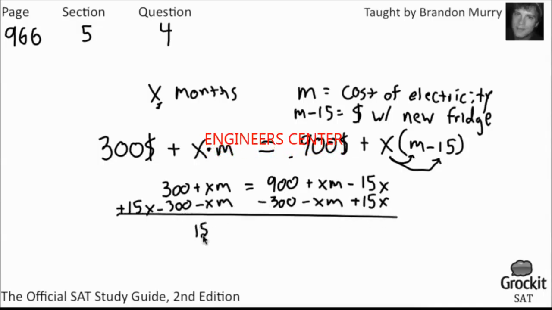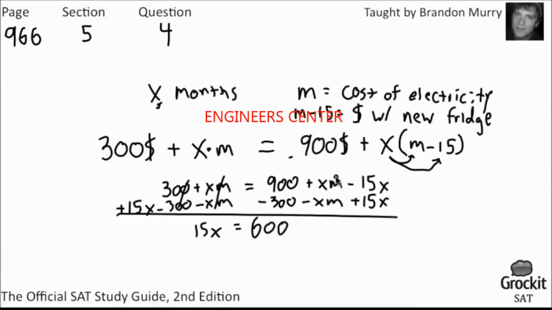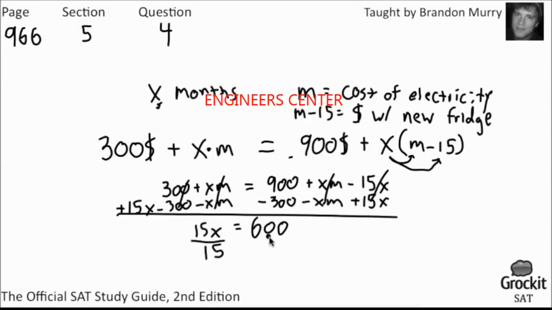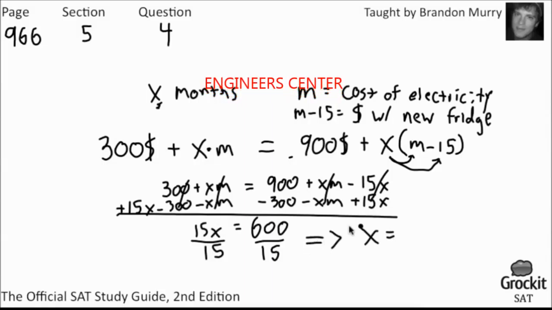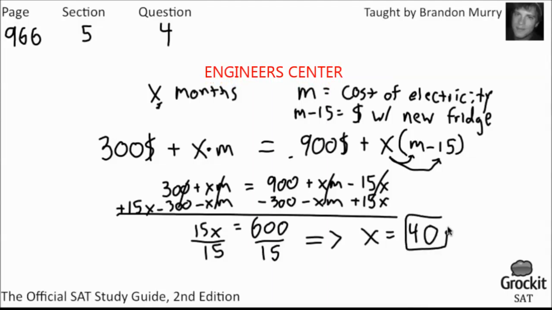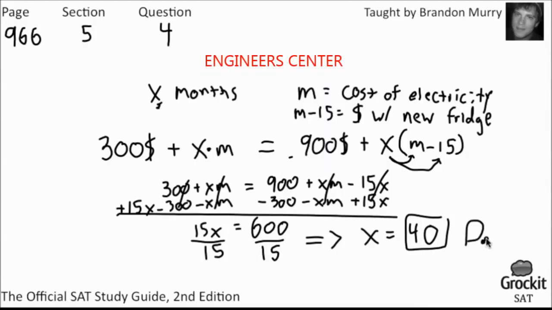We'll have 15x on this side, 300s equals 0, xm's equals 0, 900 minus 300 is 600, xm's equals 0, so we get 15x equals 600. Now if we divide both sides of this equation by 15, we'll solve for x. 600 divided by 15 is equal to 40. 40 is answer choice letter D.